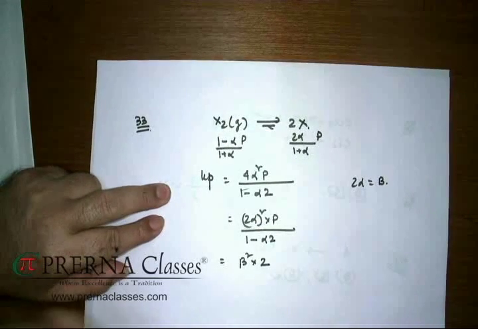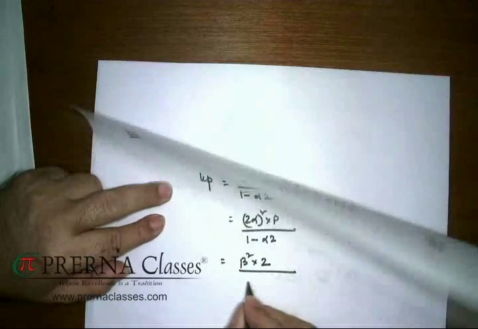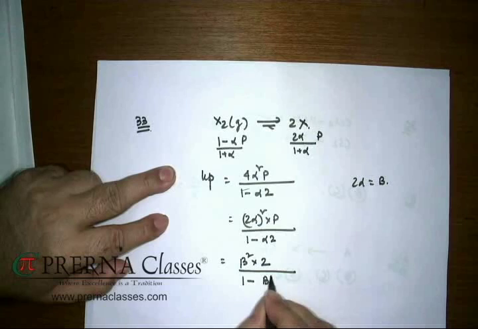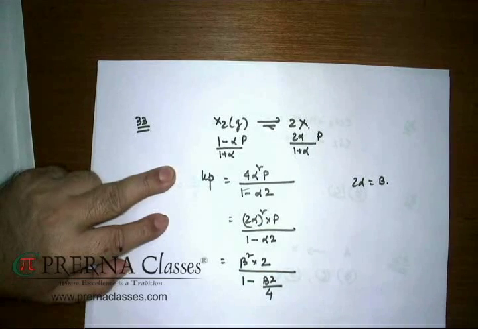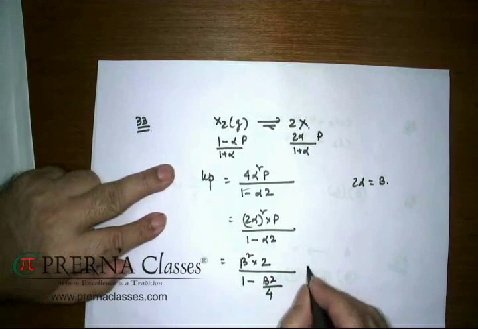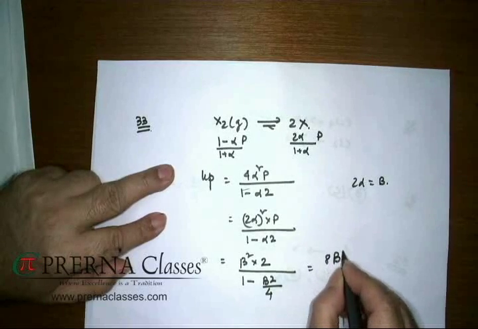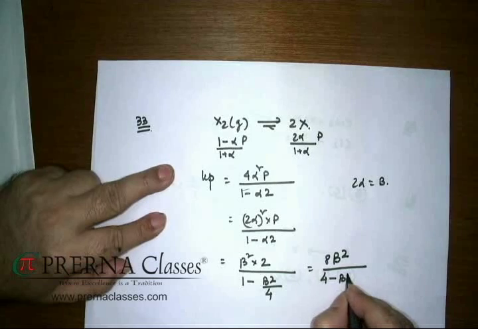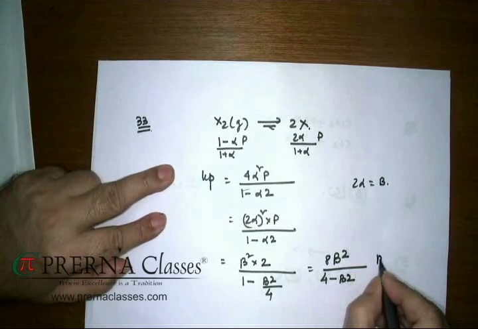That divided by 1 minus beta square by 4, alpha square is equal to, so this will be 8 beta square by 4 minus beta square, that is B.